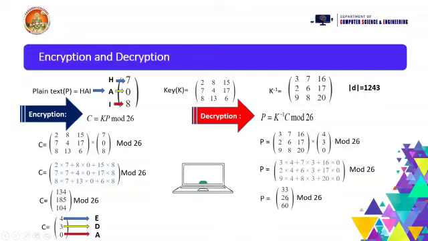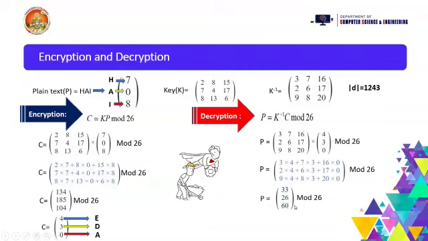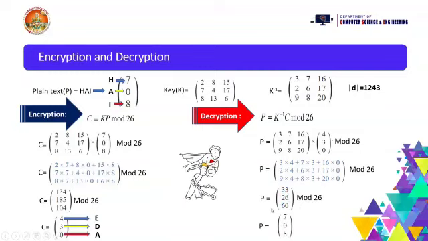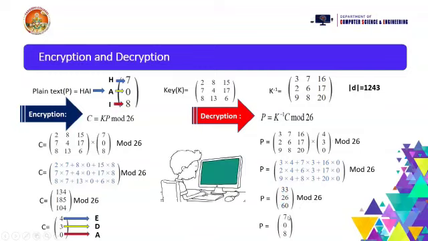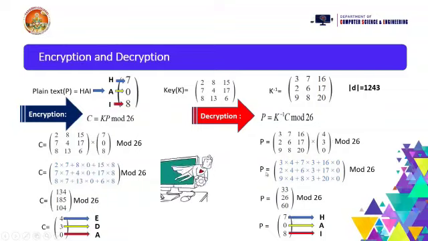We got the result 33, 26, 60. This matrix is mod with 26 and the final result is 7, 0, 8. Convert this into characters. 7 represents H, 0 represents A, 8 represents I. In this way, encryption and decryption is performed by using Hill cipher.